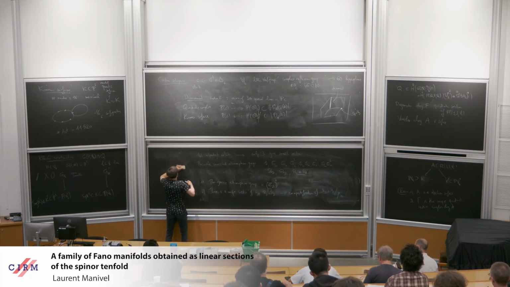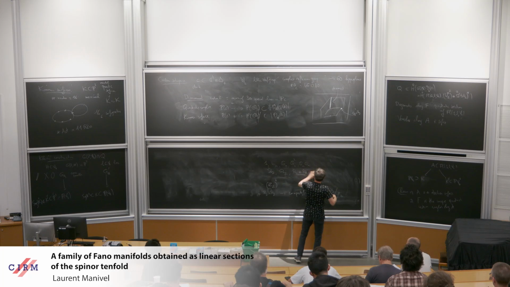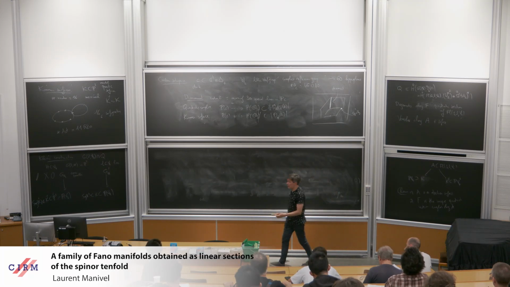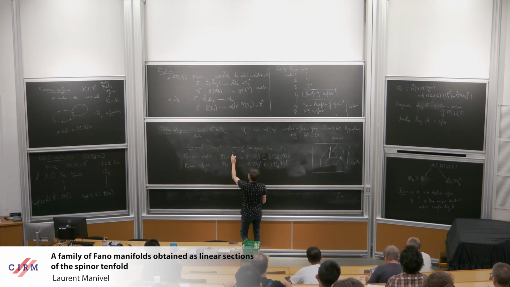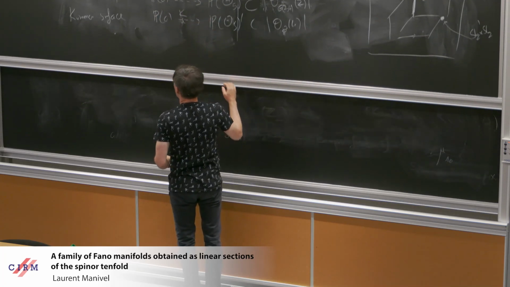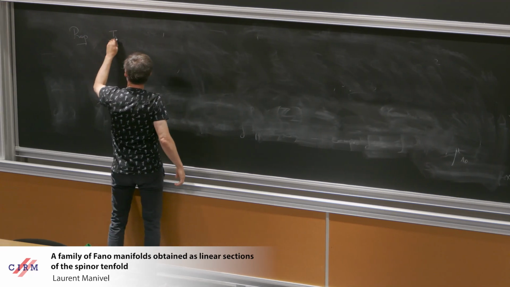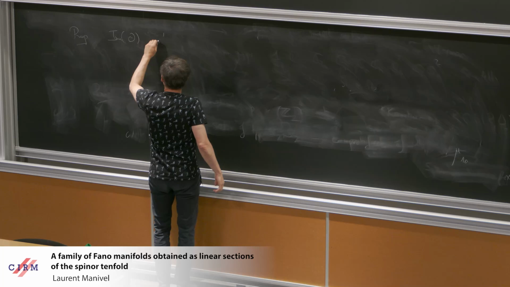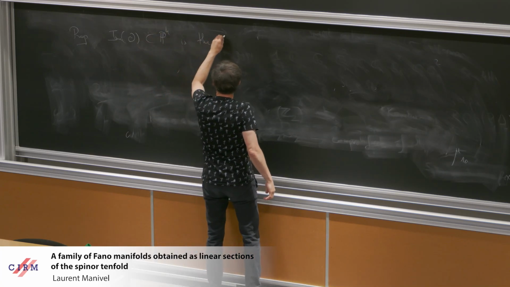These are quite interesting objects actually, but very classical. So the image of Q, inside P4, is what is called the Igusa quartic.